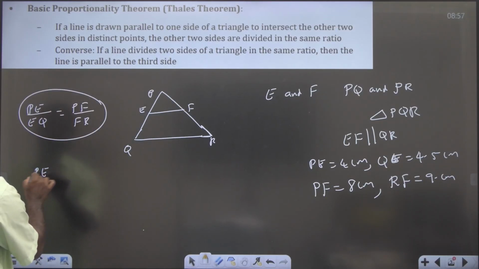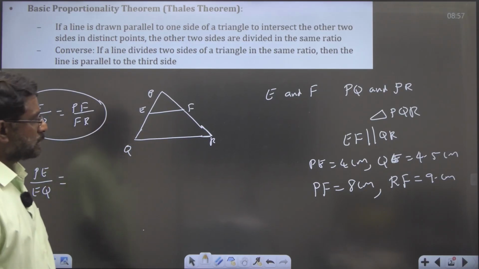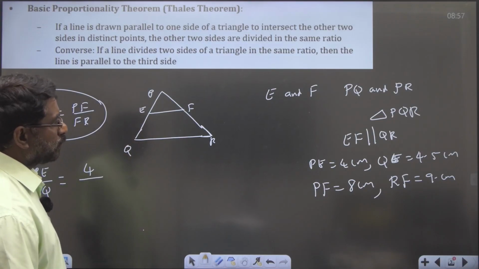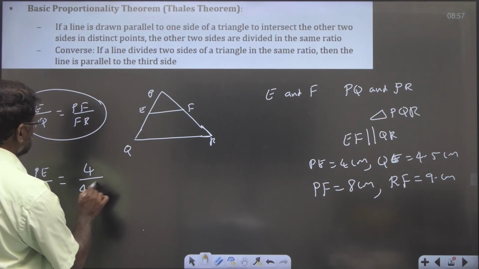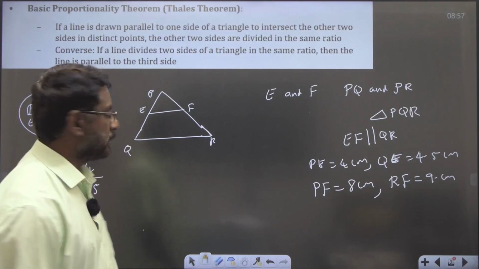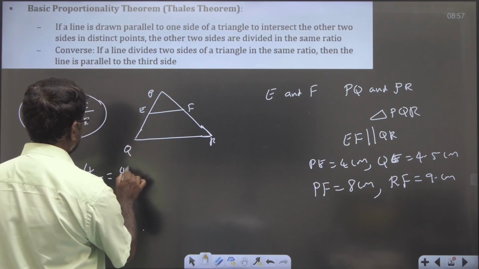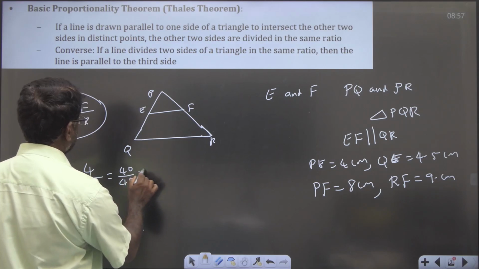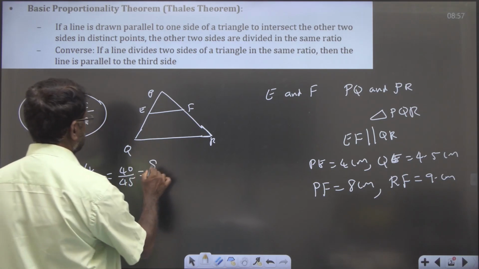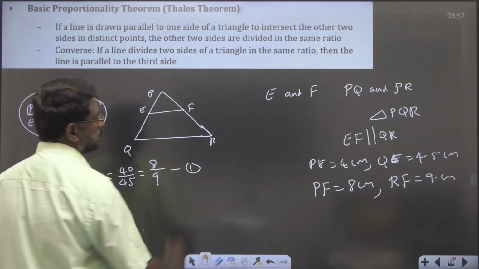Left hand side, PE divided by EQ: 4 divided by 4.5, that is equal to 40 divided by 45. Cancelled with 5, that is equal to 8 by 9. Take it as 1.